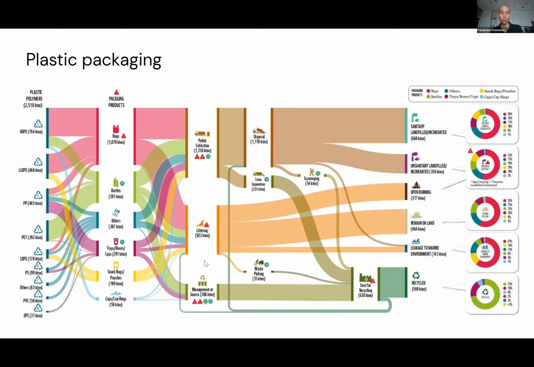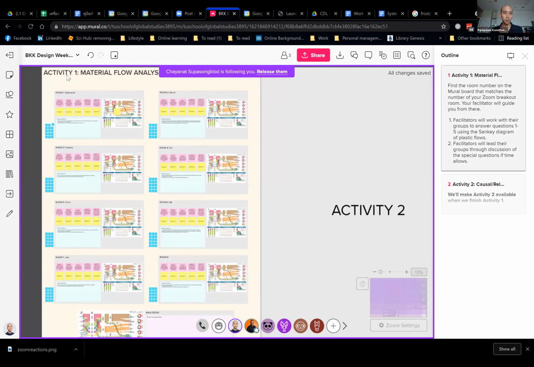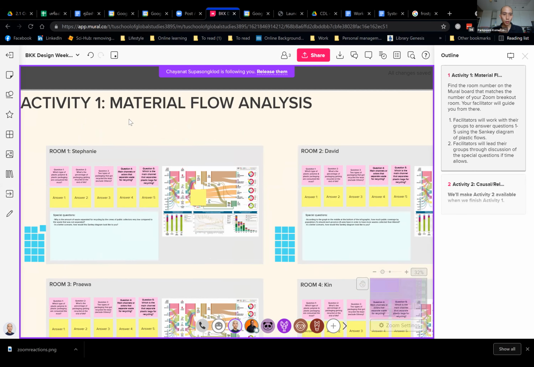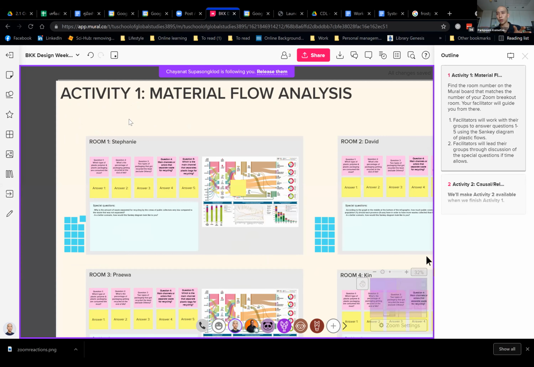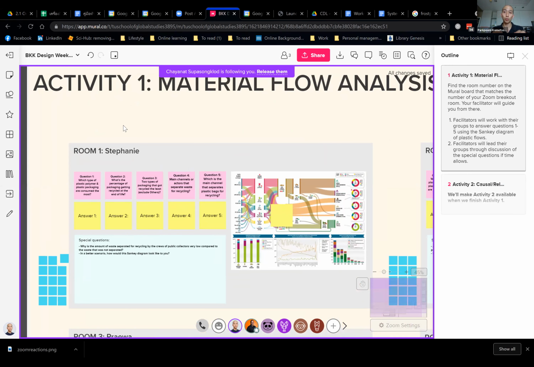And what we'll do in the mural is some exercises. The first activity, activity 1 in the mural, is that every one of you will be sent into a breakout room, and you just follow the number of the breakout room and go to the room that you're assigned to.